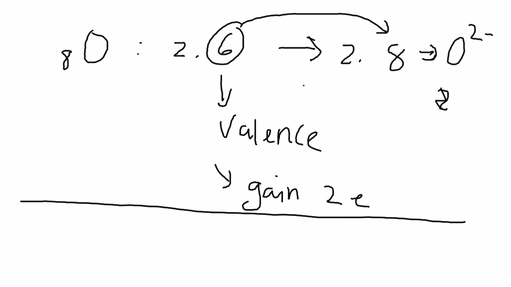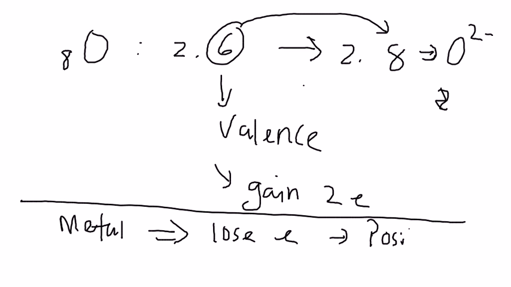Now that's all for this lesson. One last thing, and this is very important: in the formation of ions, metals always lose electrons to form positive ions. This is a standard across the board.